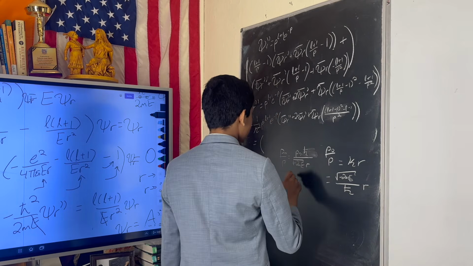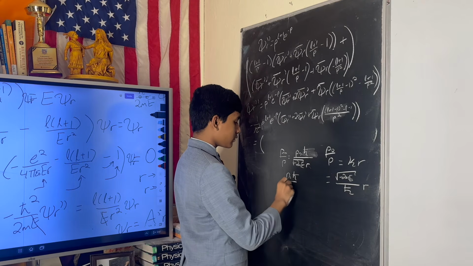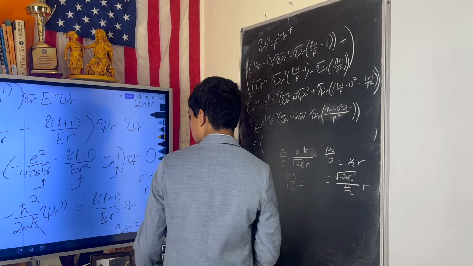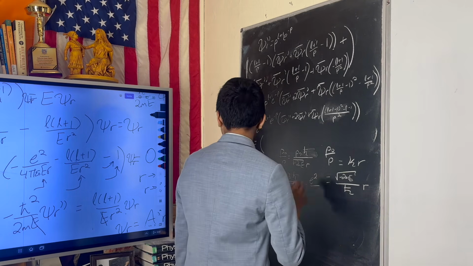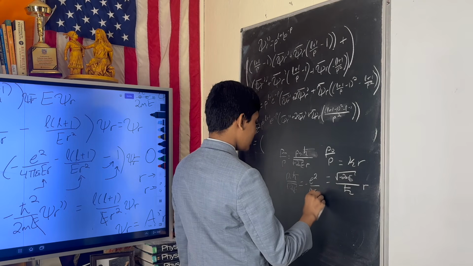So now we want to make sure that rho naught h bar over the square root of minus 2me is equal to all of this, minus e squared divided by 4 pi epsilon naught e.